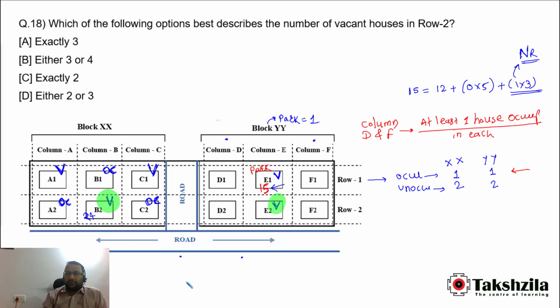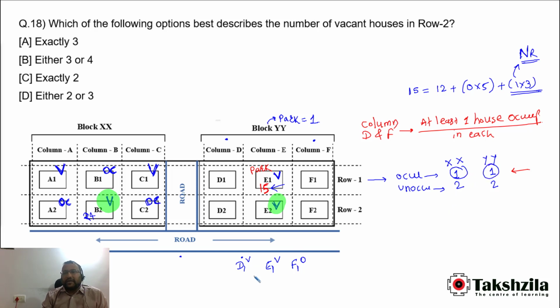So let's have a look at it. The first possibility is E1 is vacant, that we know. F1 is occupied. If F1 is occupied, then D1 becomes automatically vacant because only one house is occupied in block YY in row 1.